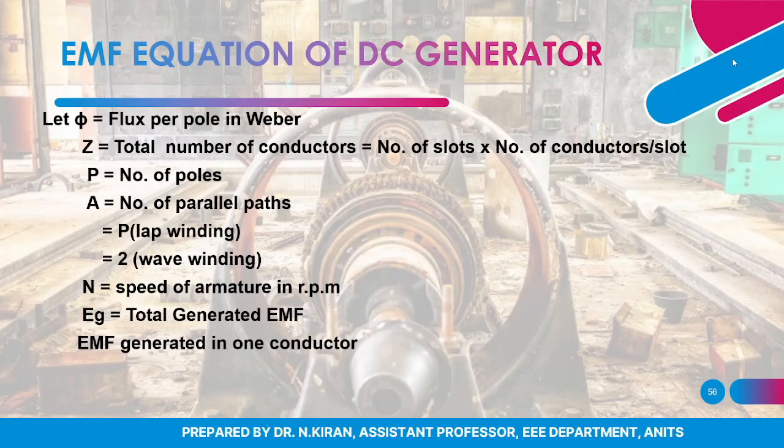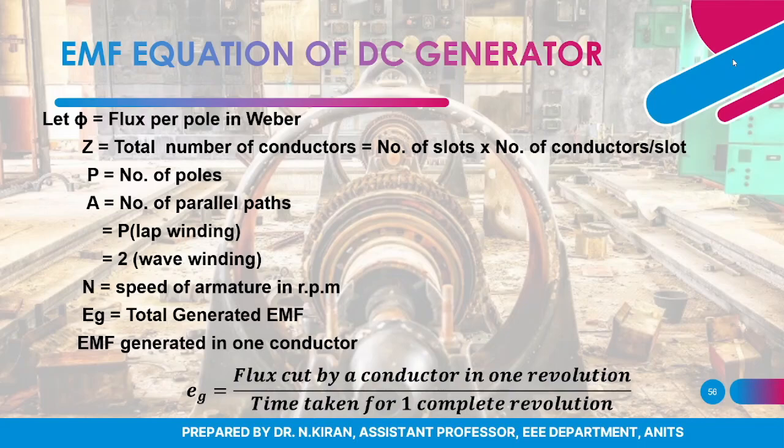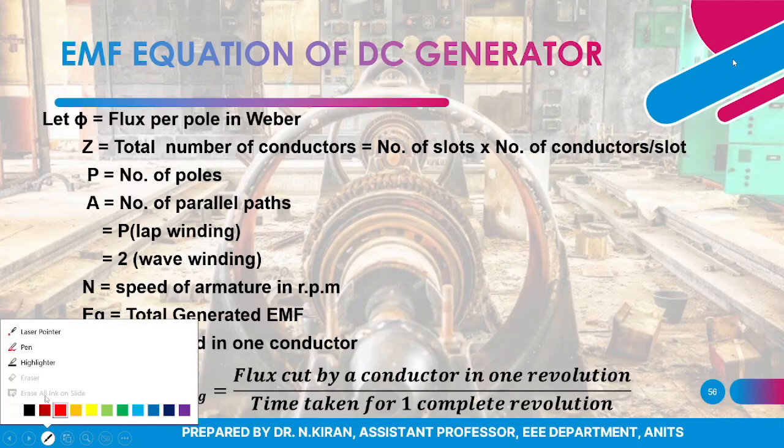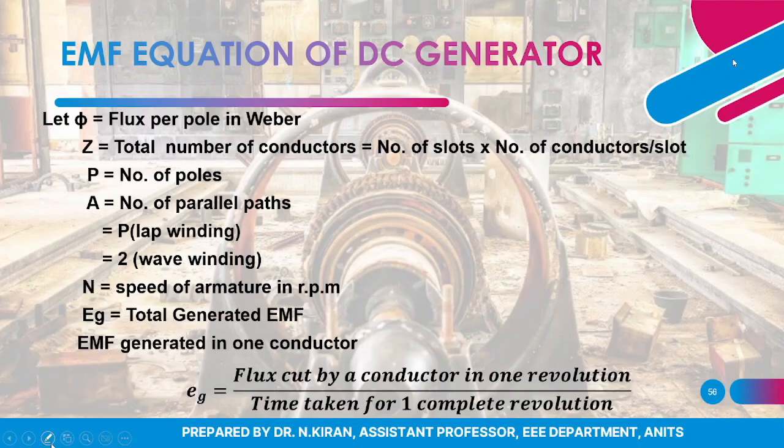So now the EMF generated in one conductor can be expressed as small e suffix g is equal to the flux cut by a conductor in one revolution divided by the time taken for one complete revolution. Since in the first statement itself we assumed that phi is the flux per pole, each pole is producing phi Webers of flux.